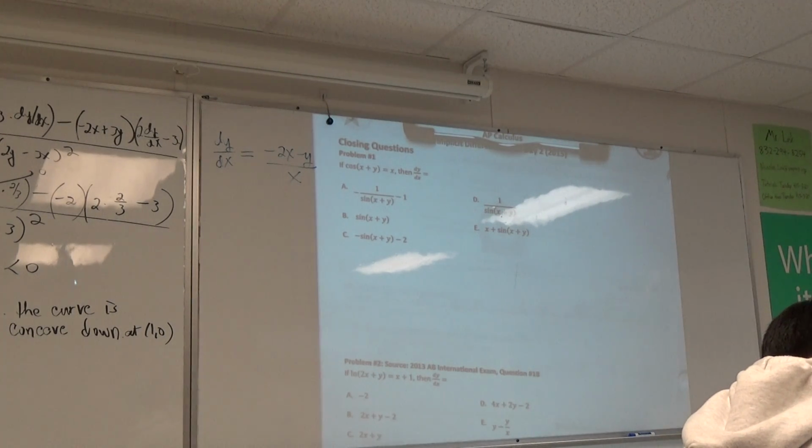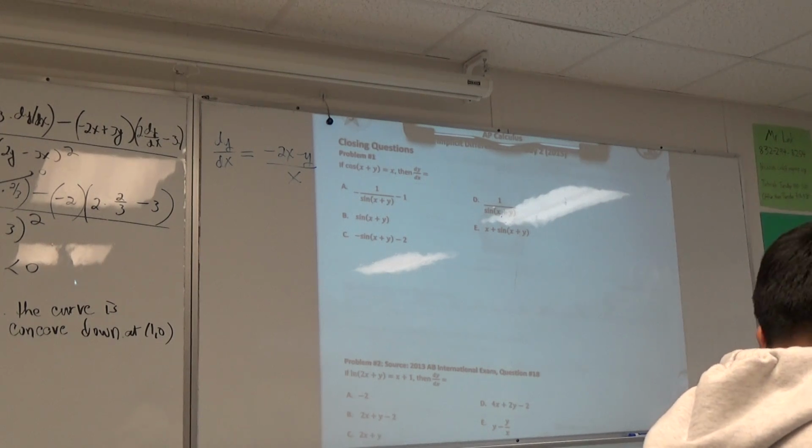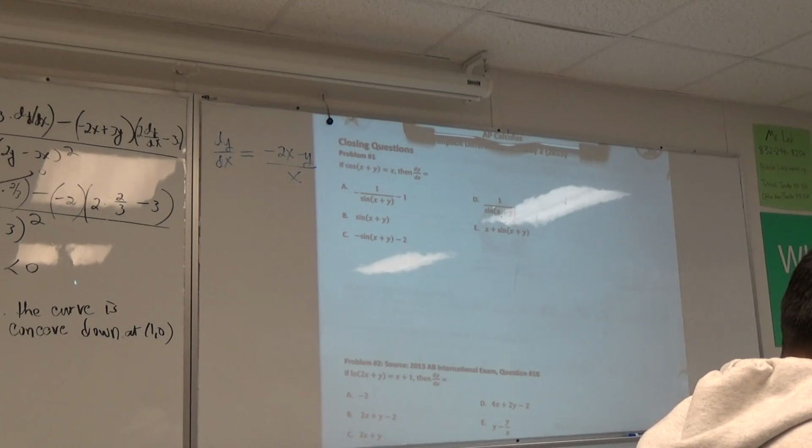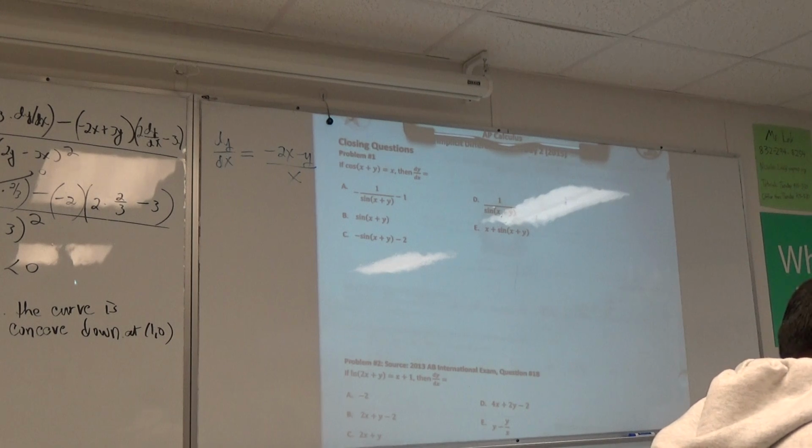Would the derivative be, so the x would turn into 1 for the baby, and then it would be plus 1 over dy over dx? Yeah. So it would be like 2? And then you did what? What's the negative sign?